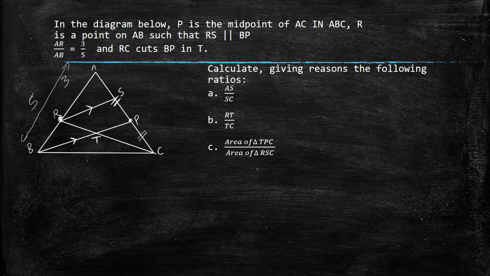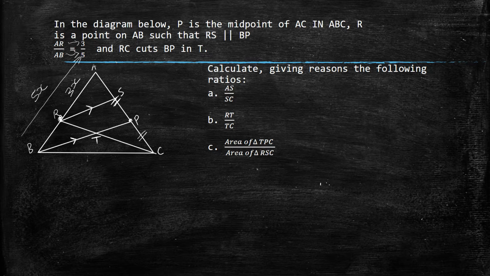AR we represent as 3x, to show that a certain variable x multiplies the 3 to give the total length of AR. AB corresponds with 5, so it's 5x, to show the total length of AB. That's how you represent that.